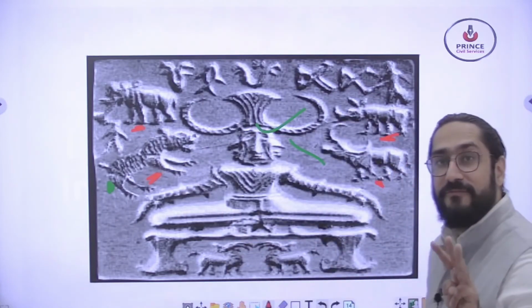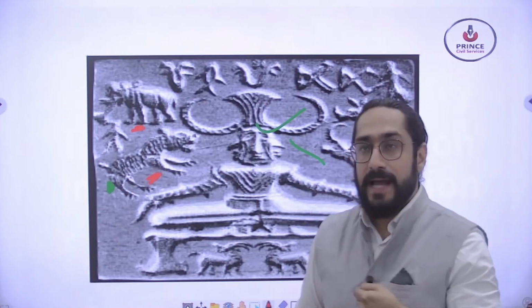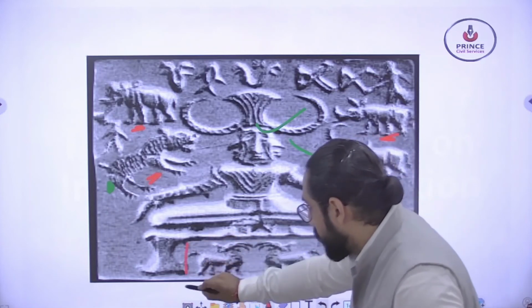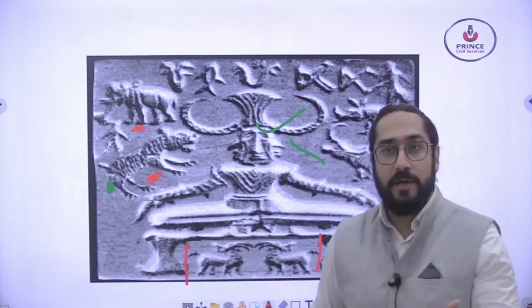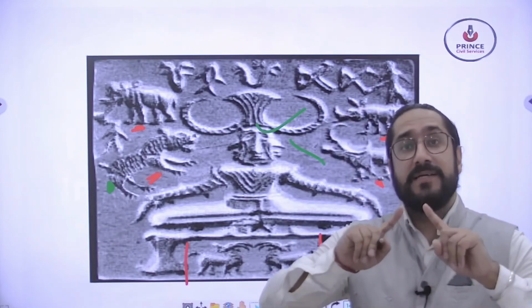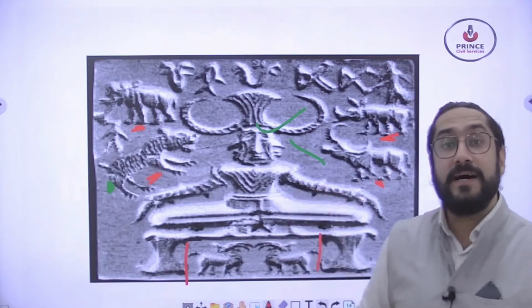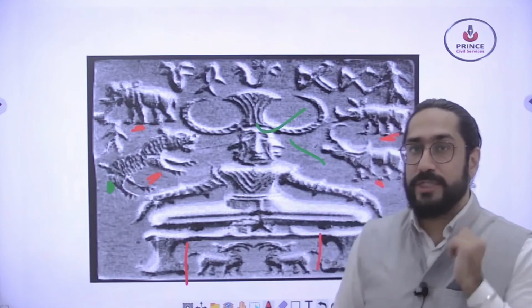So these are the 4 animals which are surrounding the male deity. And below the throne, you can see 2 antelopes or deer. These are the animals surrounding the male deity, that is Pashupati Mahadev or the Proto Shiva. So that was question number 4.